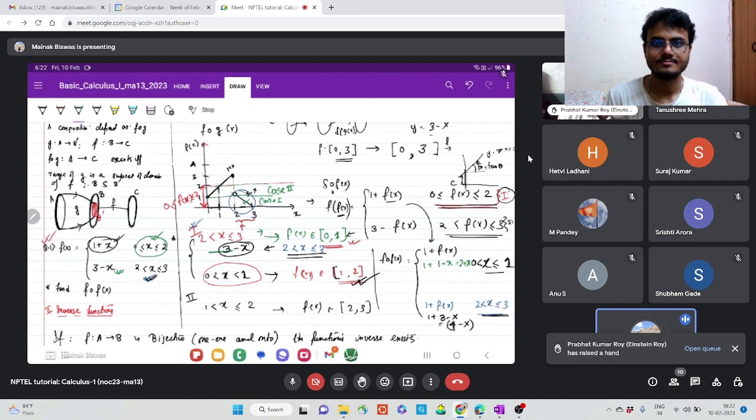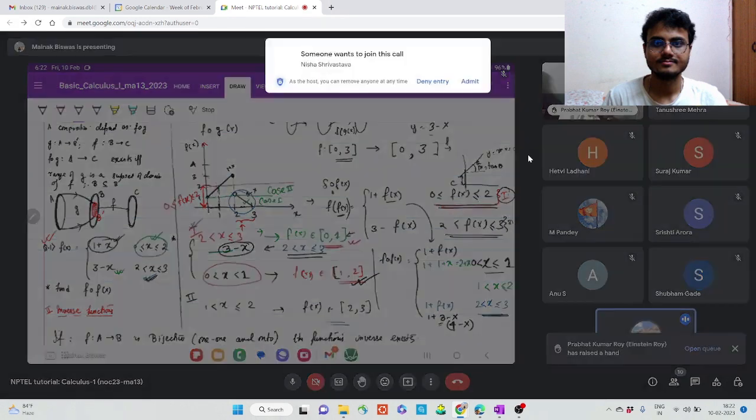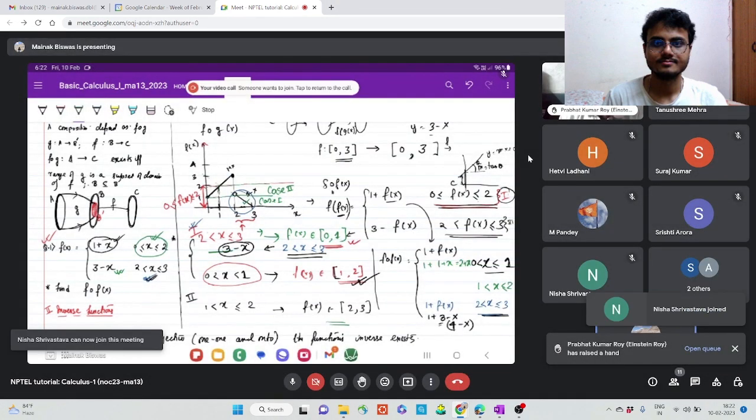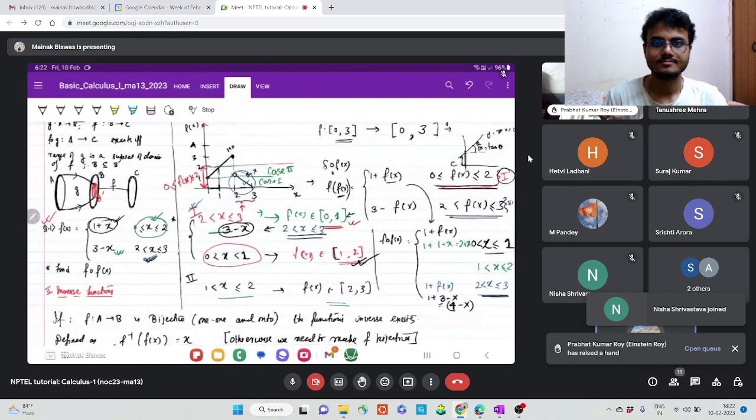And the last part is when the value of x is between 1 and 2. Where this is between 2 and 3, it's still 1 plus x, right? So 2 and 3, this is this part of the function. So f of x is between 2 and 3 when the value of x is between 1 and 2.